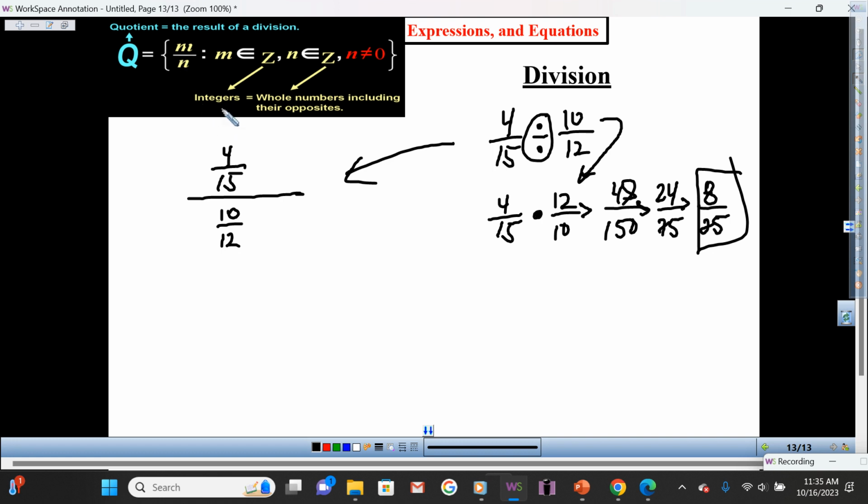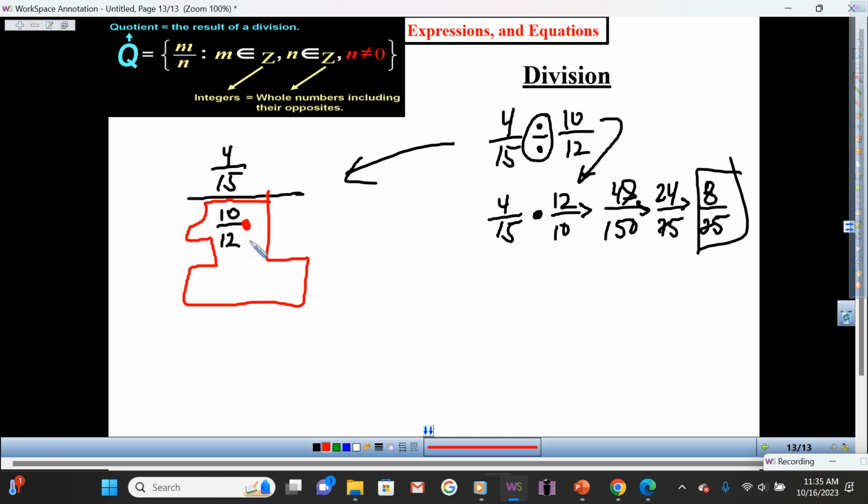Integers. What are integers? 1, 2, 3, 4, 5, and their opposites. So could there be a fraction in the denominator? No, it has to be a number. What's the easiest number you can think of, aside from 0, because we can't have 0 in the denominator? 1. How can we make this fraction into a 1?